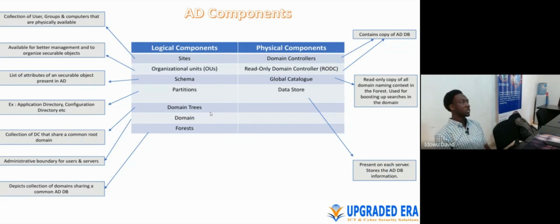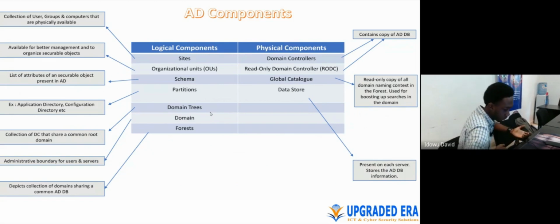Now, here is more like a chart to explain the components of an Active Directory. First things first, we want logical components, and for each logical component, it has its physical components that apply to it. Now you have sites. When you think of sites in an Active Directory, look at them as a collection of users, groups, and computers that are physically available.